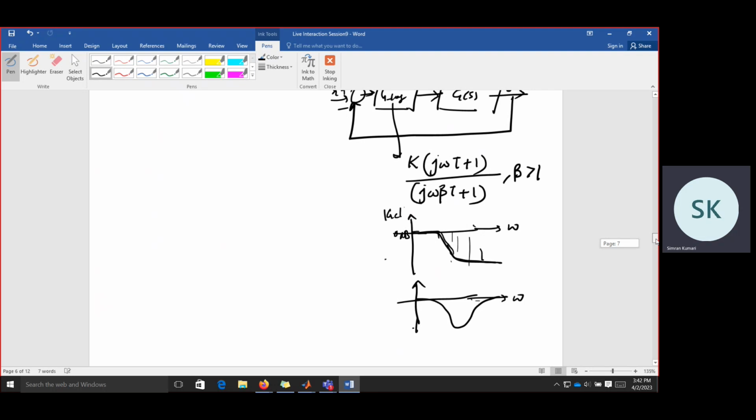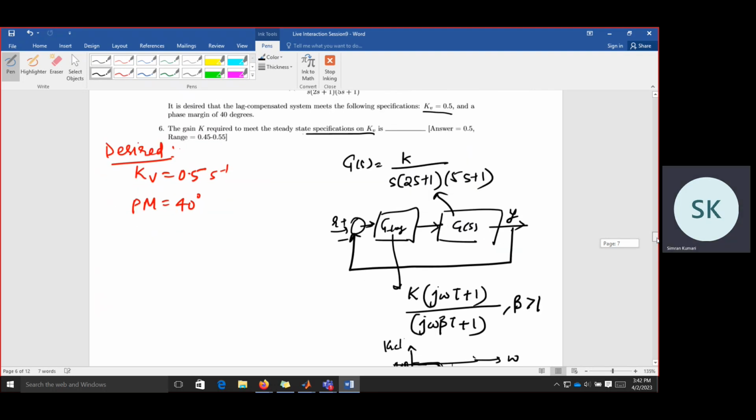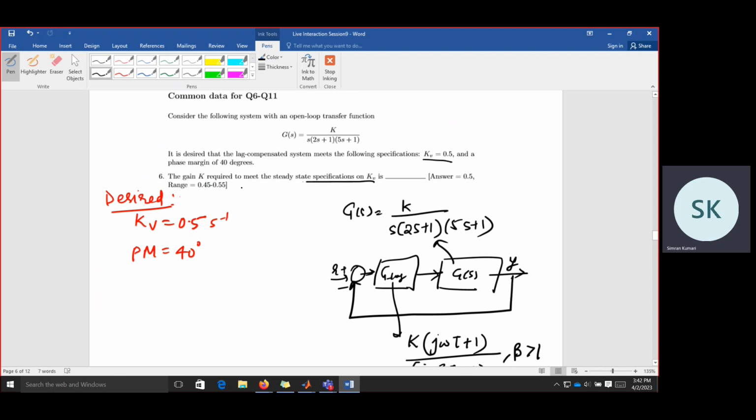It rejects noise basically. So first we have to see what is the gain K so that the Kv specification is met. So first we have to change the gain. Suppose this G lag has gain K, and this K into K dash will be some K double dash. So basically we have to change the overall gain.